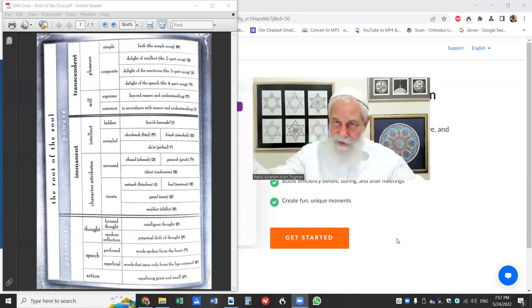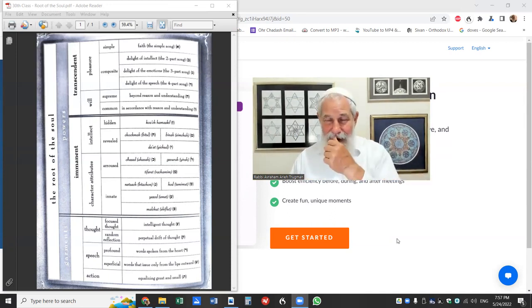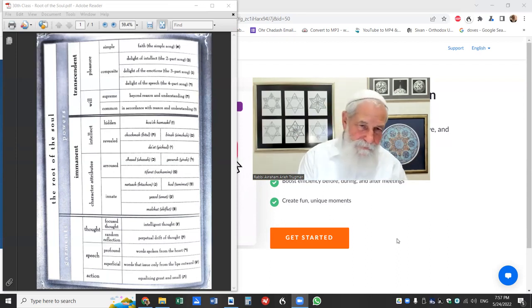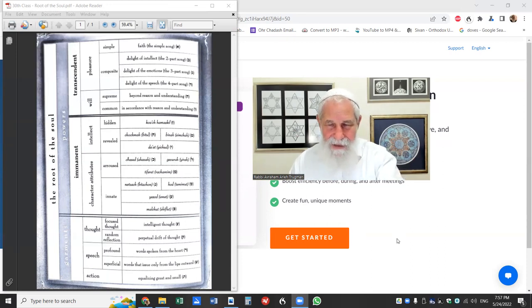The thoughts might be different. Everything that happens before the action might be different, and everything that happens afterwards. But at the moment of the action, there's something uniquely unifying about the garment of action. So, actually, it's written in the right, equalizing great and small.